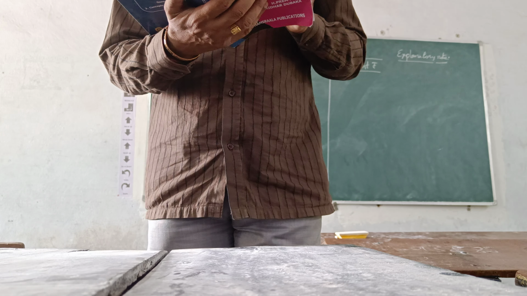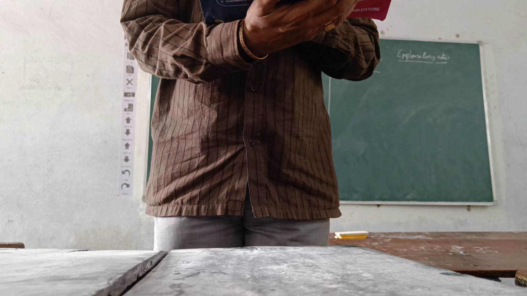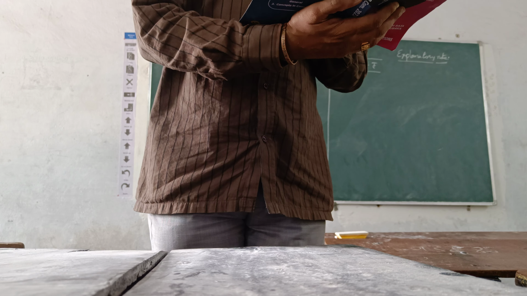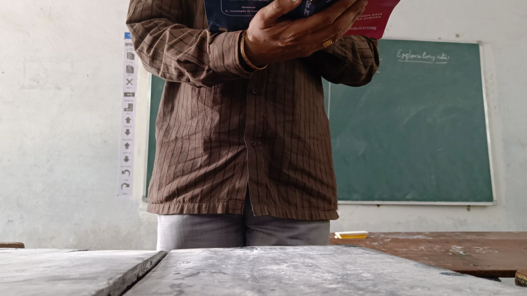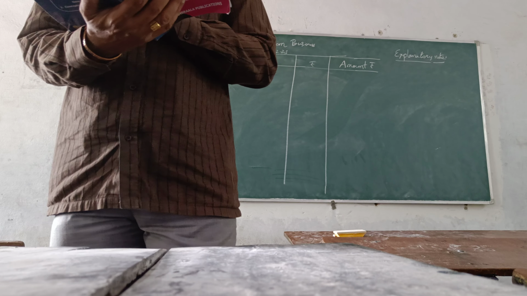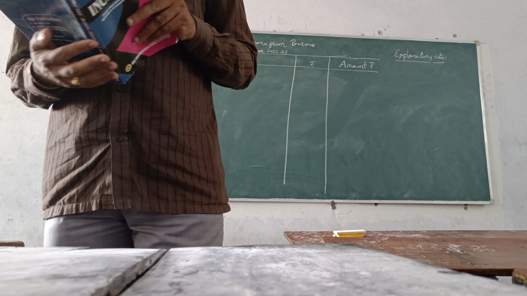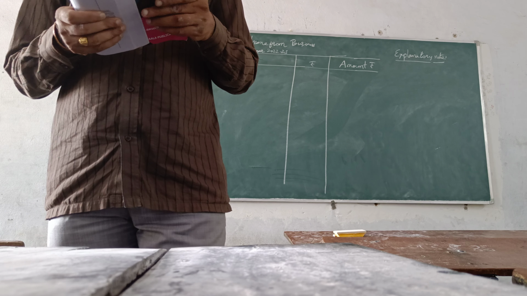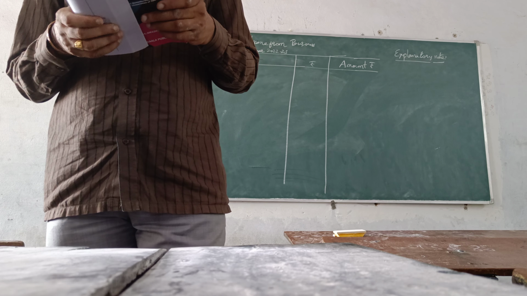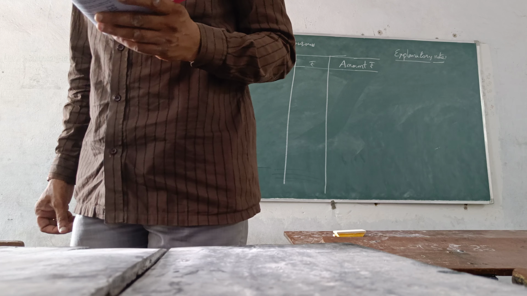Coming to the credit side, by gross profit 8,05,300. Interest on bank deposits 15,100. Sale of waste papers 1,000. These are the three items on the credit side. So the total is 8,21,400. Now in additional information, something is given.